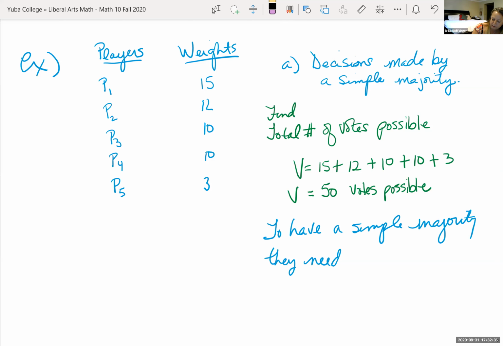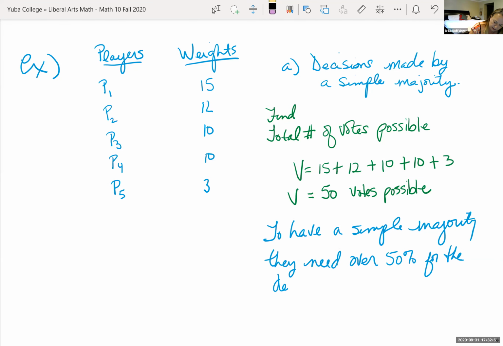Not 50%, but over 50%. So we know that half of the votes, if there are 50 votes, 50% is 25, but they need more than 25.